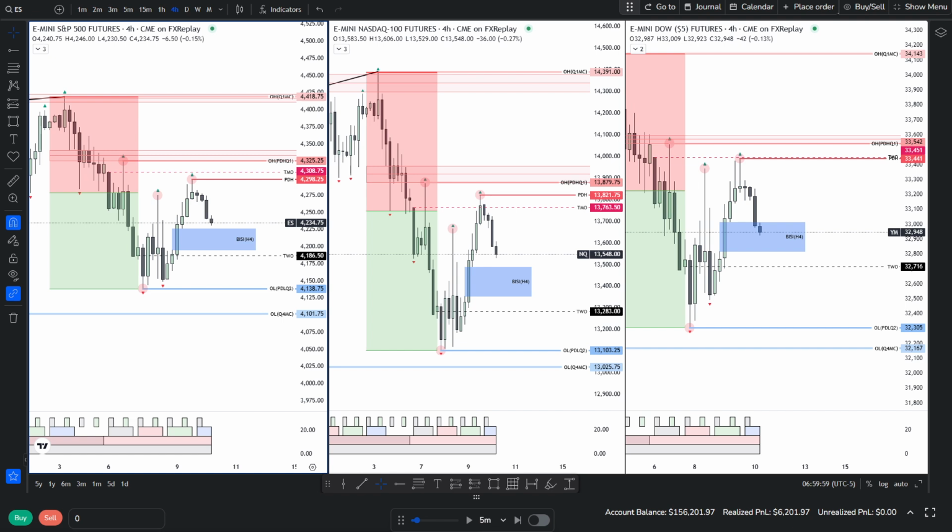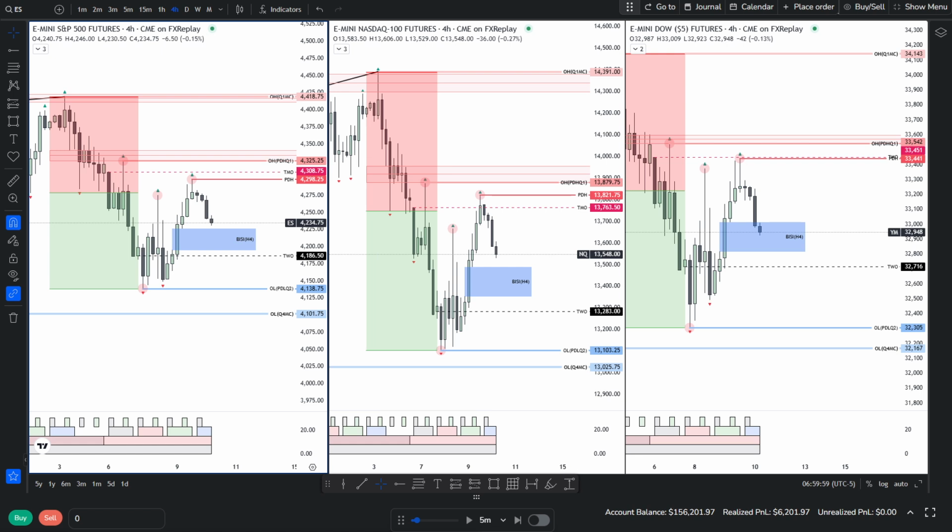Okay, now the question is whether the market finds support at that BC. So if the market finds support at the BC H4, and I'll be looking for some specifics.